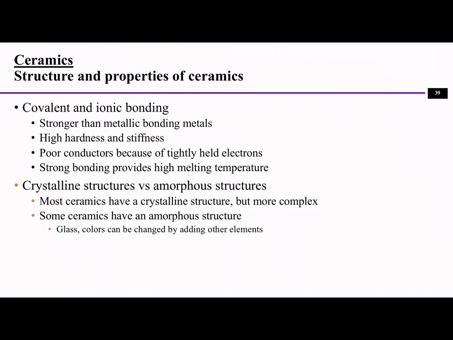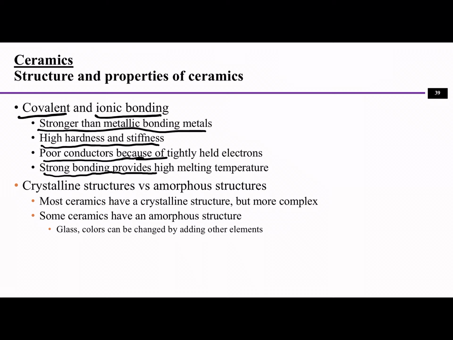Usually the covalent and ionic bondings are stronger than metallic bonding in metals. So that's why they have high hardness and stiffness, but they do not conduct electricity very much. Strong bondings are why they have a high melting temperature.